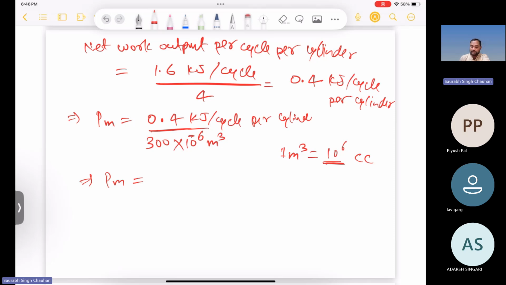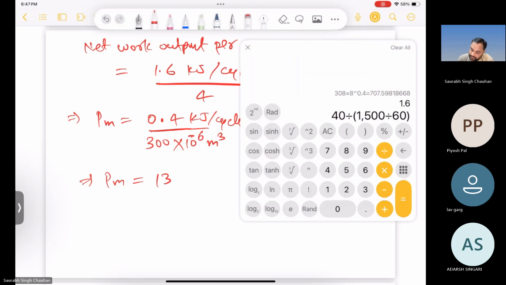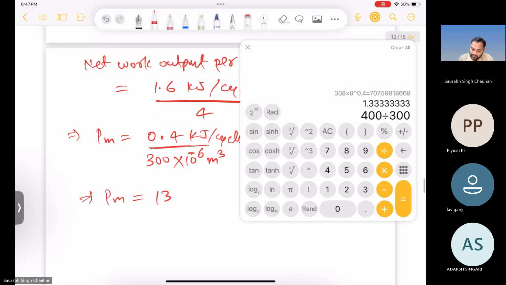So 1 cc is 10 to the power minus 6 meter cube. Anyways, if you calculate this value, you will find that it comes out to be 400 divided by 300, and there is 10 to the power minus 6. So it will be 13.3 into 10 to the power 5 Pascal.